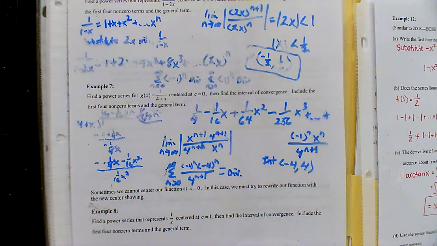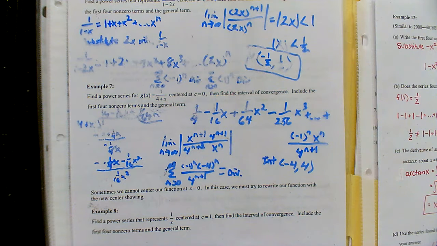Let's see. Alright, so this example we have here, example 6 that we just did. When we had something in front, you multiply by that 1/4 everywhere.